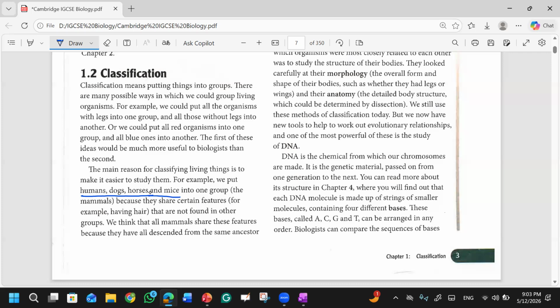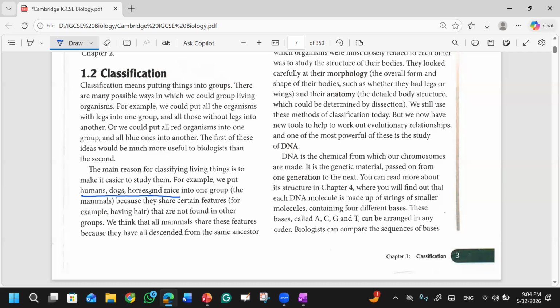Similarly, when they classify the organisms, they think about the similarities, just like the human beings, dogs, horses, and mice. Initially, they put all these organisms into one group, and they put them into one group because they were all mammals. The humans are mammals, dogs are mammals, horses and mice. And I told you some of the most basic features of the mammals. What are those?